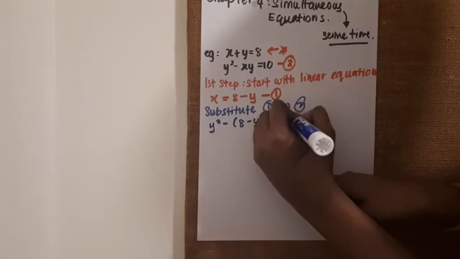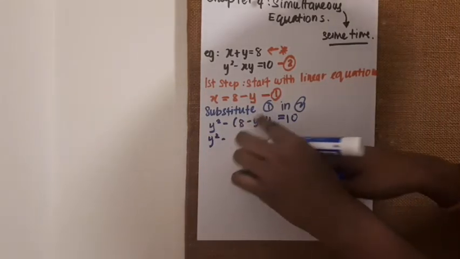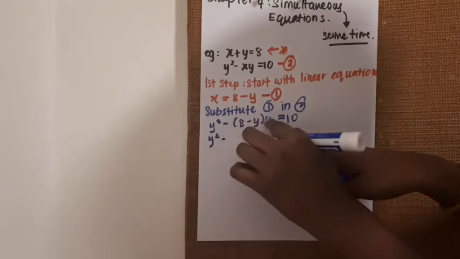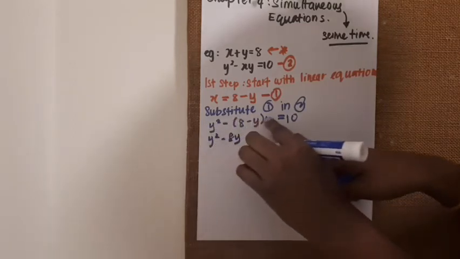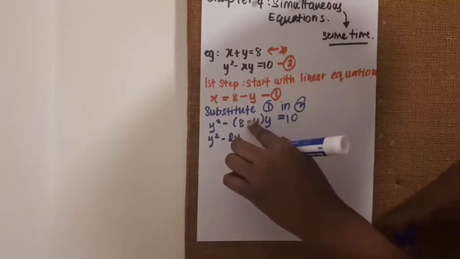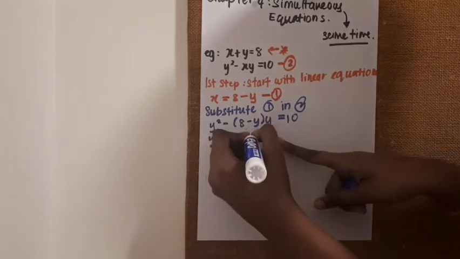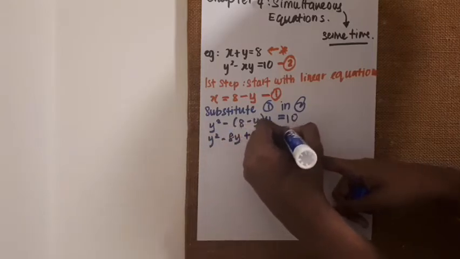So it's simply going to be something like this. Now always open up the bracket first. So negative 8 times y is going to be negative 8y. Negative times negative is going to be positive. So positive y times y is going to be y squared equals 10.